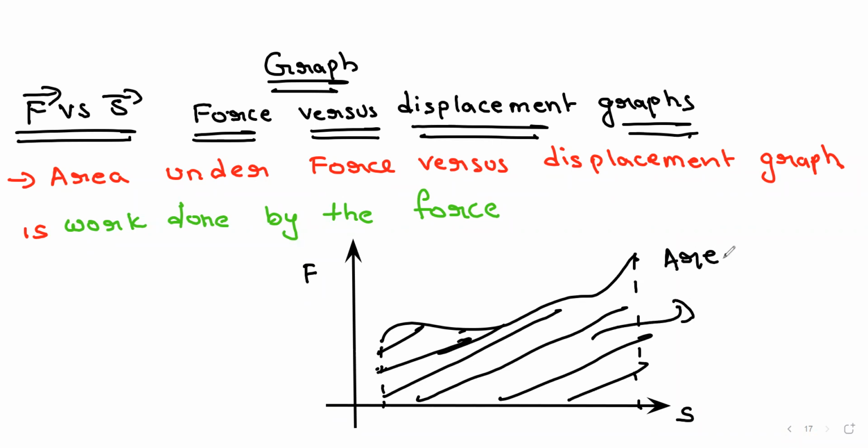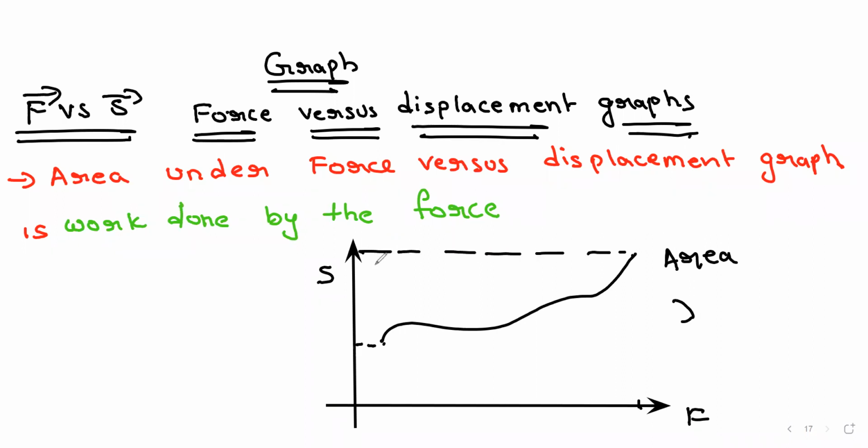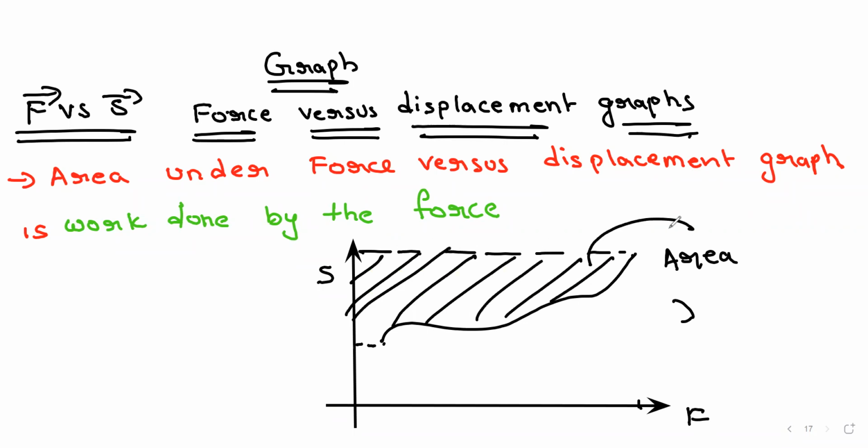This area is the value of work done. Is it clear? If they give this as S and this as F, then you should take this area. This area is now our work done.